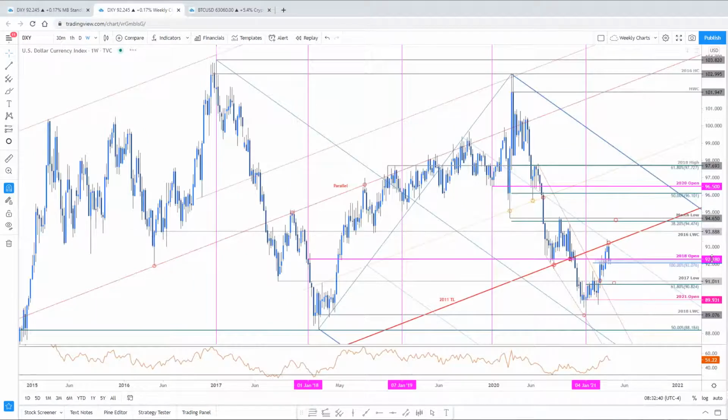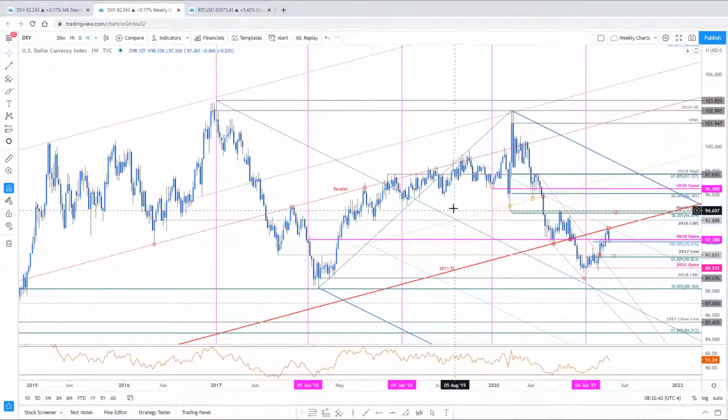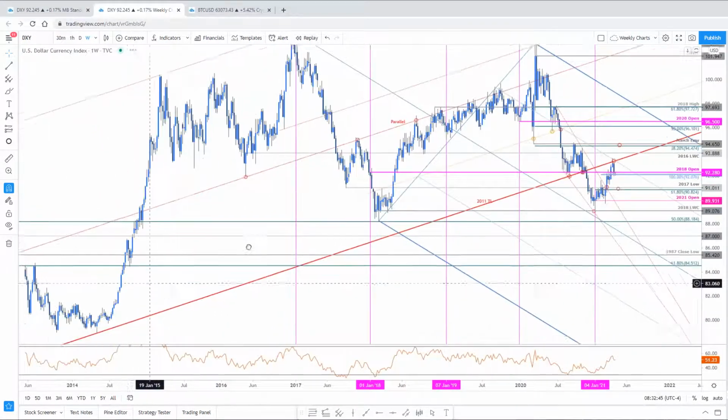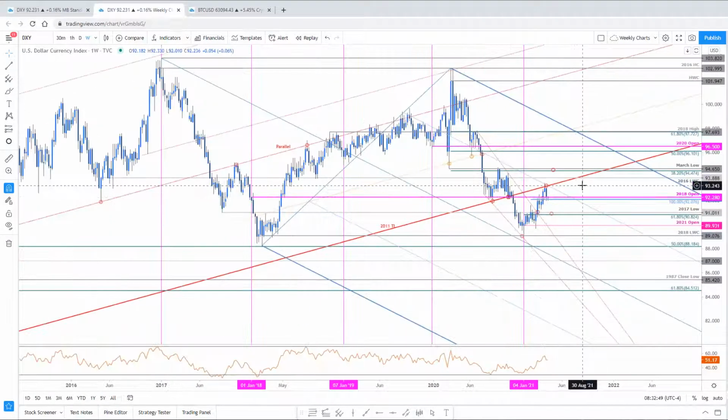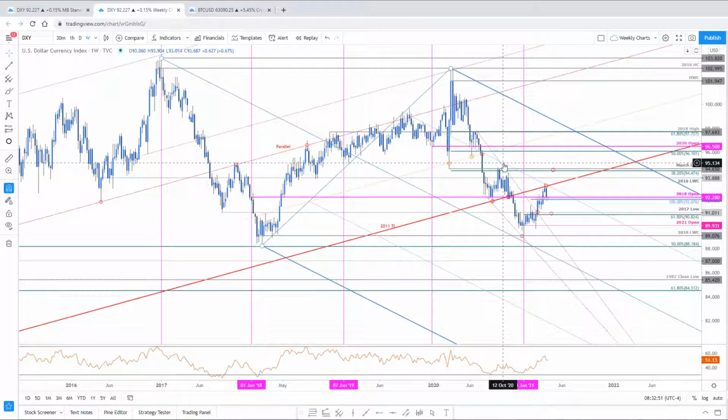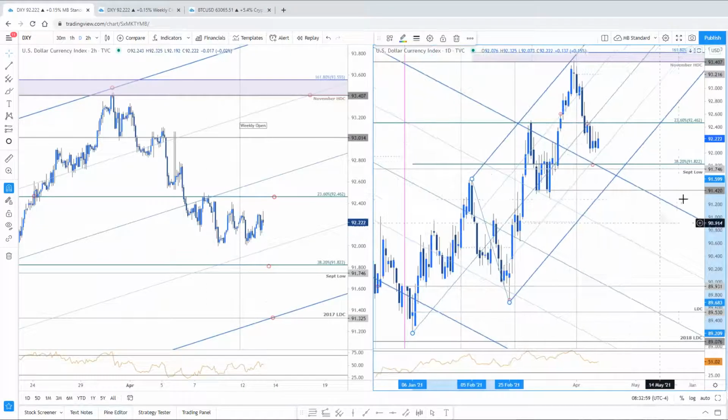DXY coming off big resistance, right? Big slope resistance. It's a 2011 slope line that has been so instrumental in every major DXY turn, and downslope resistance, right? So the 75% parallel there as well. Here's the pullback. Here's your first area of support. We're there now.